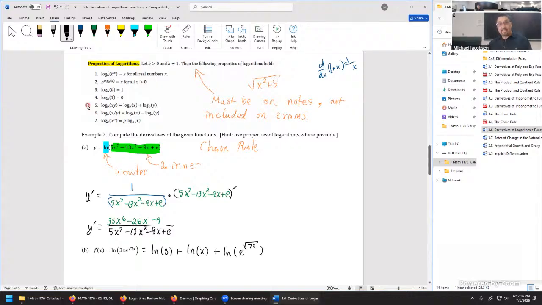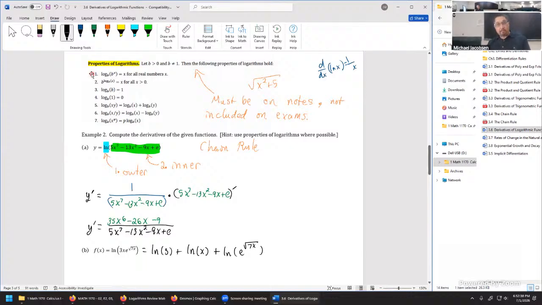And we should, again, never be fully satisfied. If you've used one property of logarithms, take a close look and see if you can use other properties. Nothing to be done on natural log 3 or natural log x, but for natural log of e to the power of root 7x, that's property number 1.